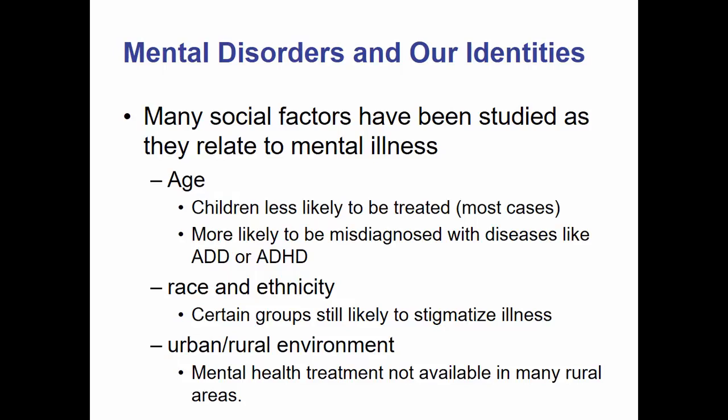Age, race and ethnicity, and where you live, be it urban or rural, also impact mental illness. So children are less likely to be treated for mental illness, and this is for a variety of reasons. During a child's developmental cycles, they exhibit, and I can talk about this firsthand, things like narcissistic personality disorder. They exhibit absolute selfishness. They exhibit manic depression, right?